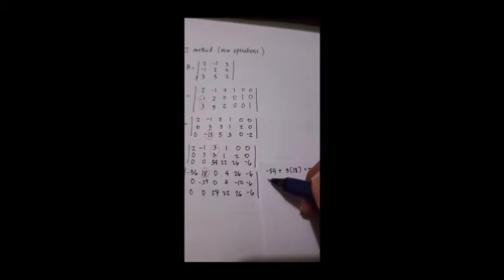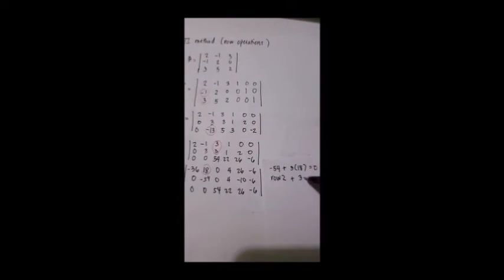So, negative 54 plus 3 times 18. That will be equal to 0. Diba? Negative 54 plus 54. So, I will use row 2 plus 3 row 1. That will be our guiding equation.